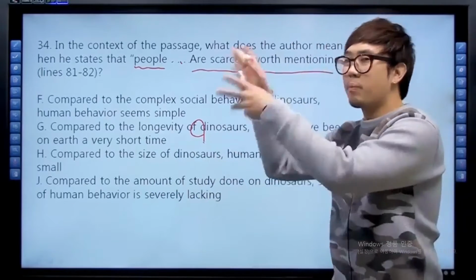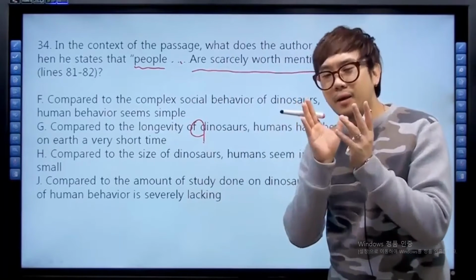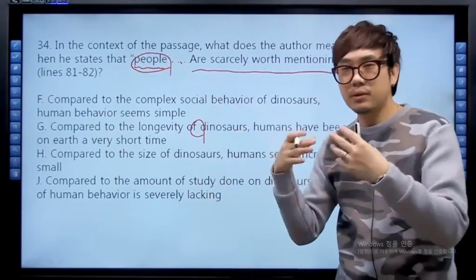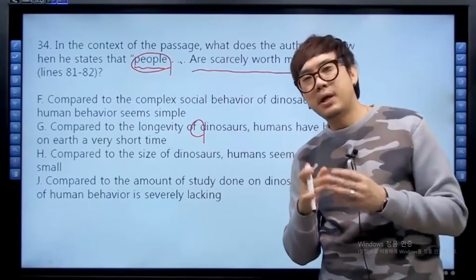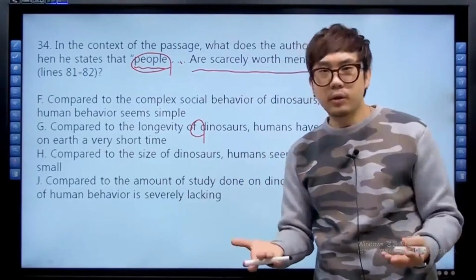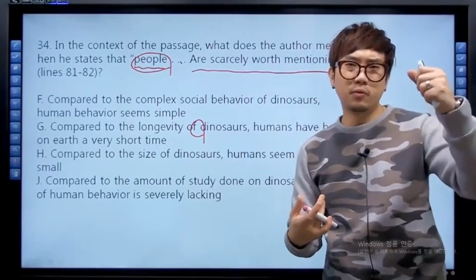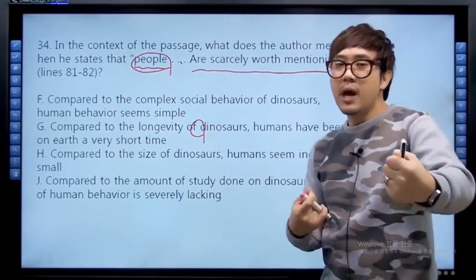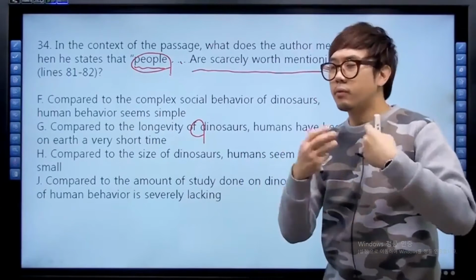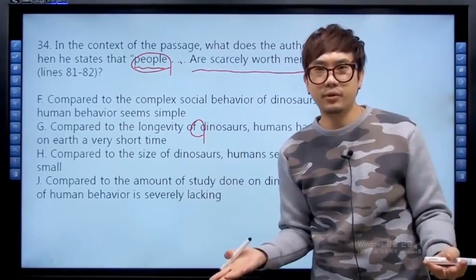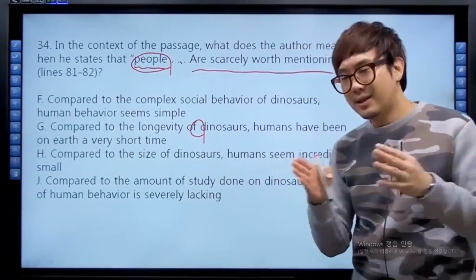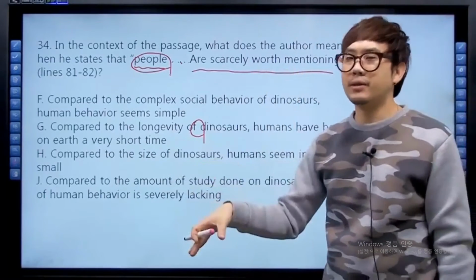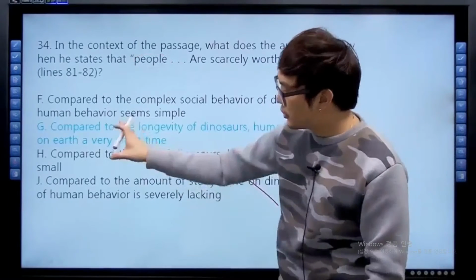You didn't even have to look back, because the reason people came up is that the author wanted to tell you that dinosaurs have been here for millions and millions of years, as opposed to human beings. We have been here for only 50,000 years. The length of stay on Earth was the comparison. So therefore, the answer is G.